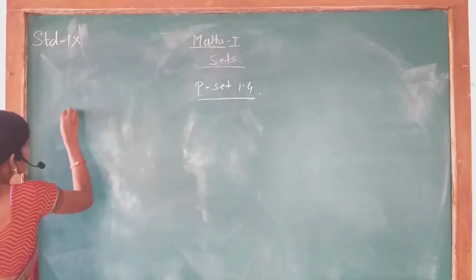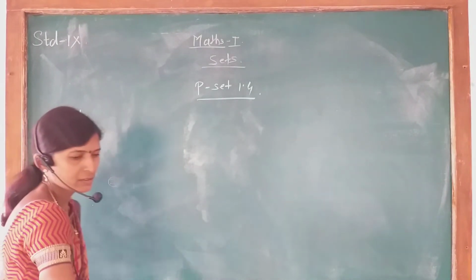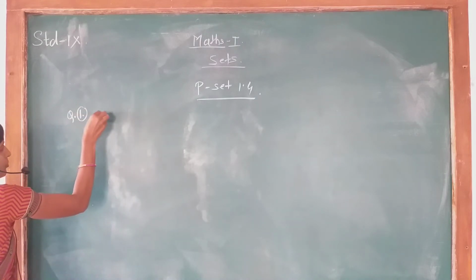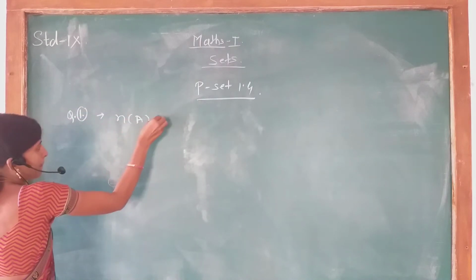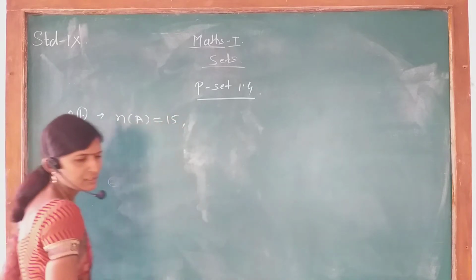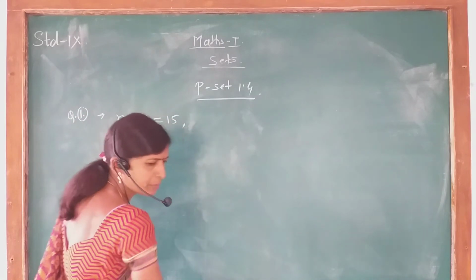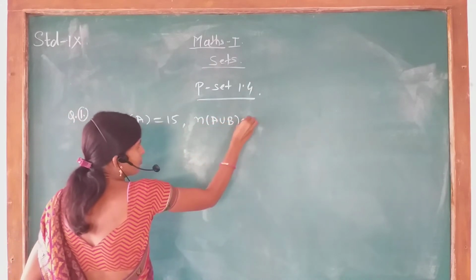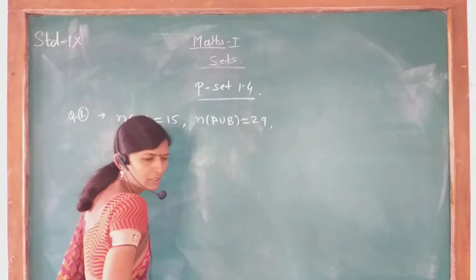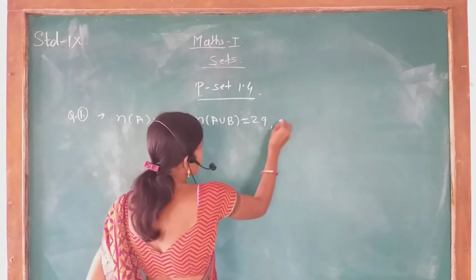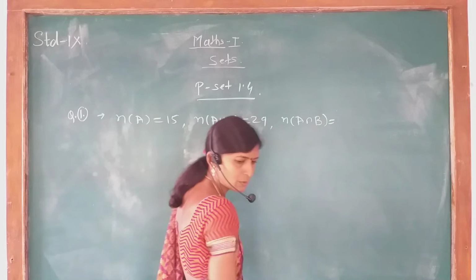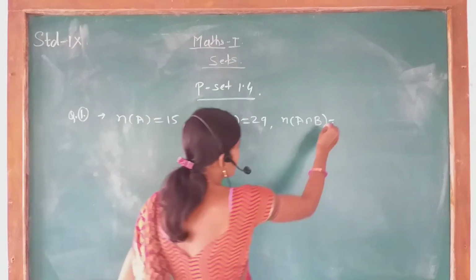So what is given in question number 1? n(A) is equal to 15. Next, n(A union B) is equal to 29. Next, n(A intersection B) is equal to 7.